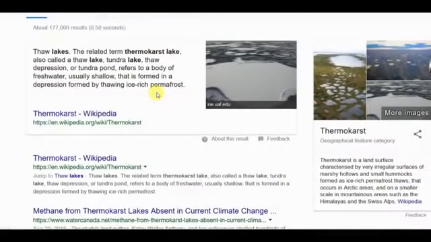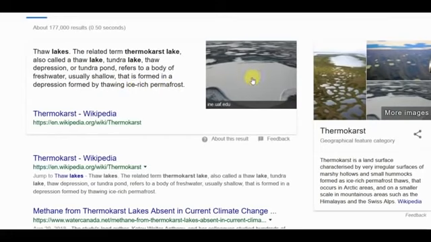Next, we're going to talk about Russia and these thaw lakes, or as they're also called, thermokarst lakes. What these are, they are usually shallow depressions formed by thawing ice-rich permafrost.